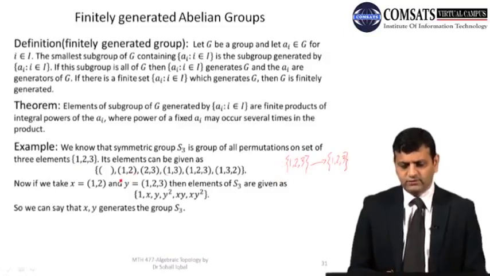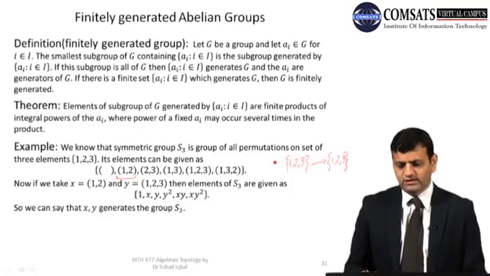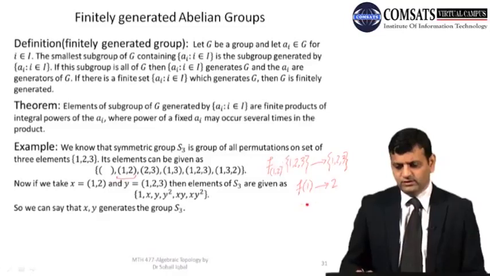So what is this permutation (1 2), for example? Basically it's a function which takes 1 to 2, 2 to 1, and 3 to 3. In other words, I can also write it in the following way: 1, 2, 3, where 1 goes to 2, 2 goes to 1, and 3 goes to 3.